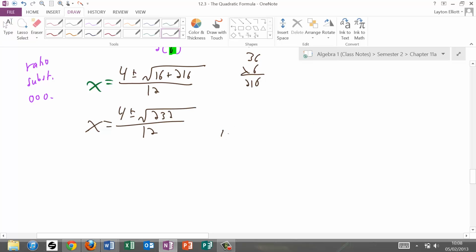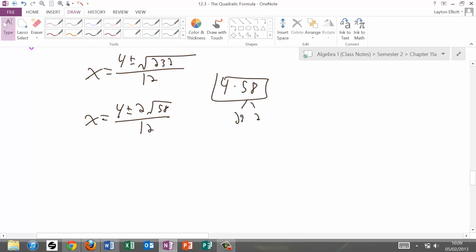232, I know I can at least take a 4 out of that because of the last 2 digits. So 4 out of 232 is 58. And 58 is 29 and 2. So really what I'm going to end up with is x is equal to 4 plus or minus. Since 232 is 4 and 58, this is going to be 2 radical 58 over 12.